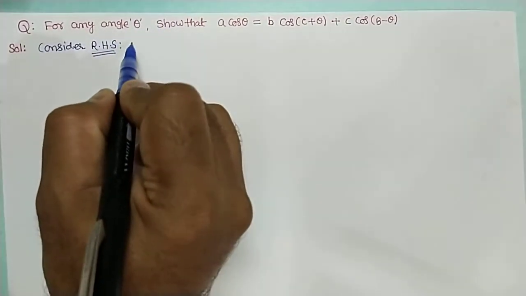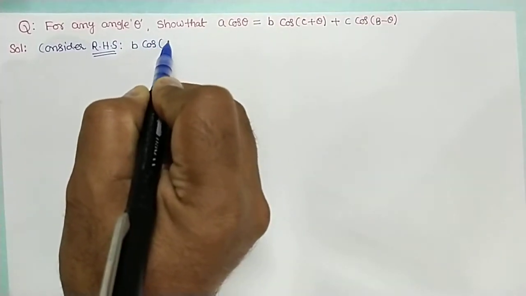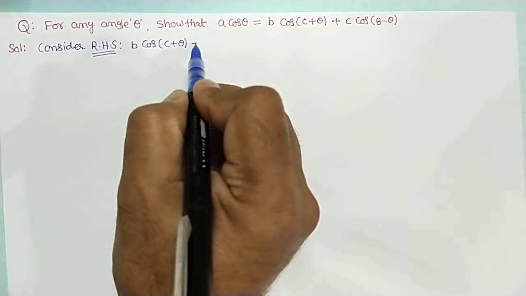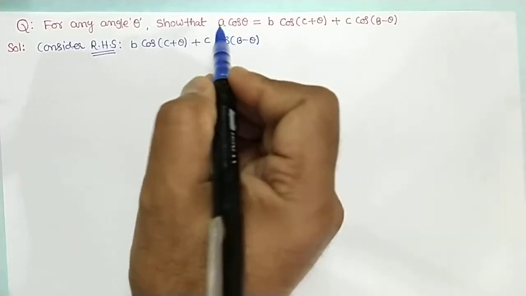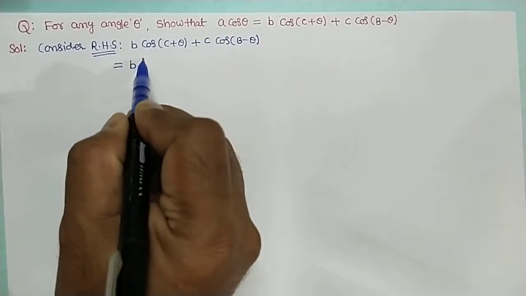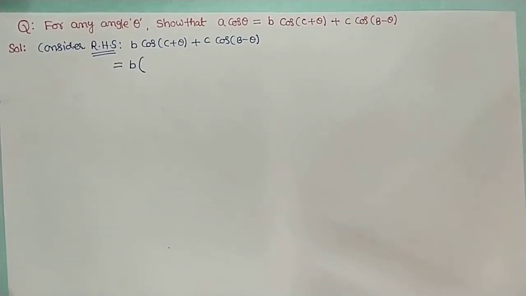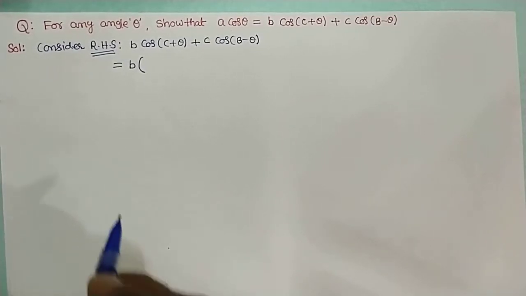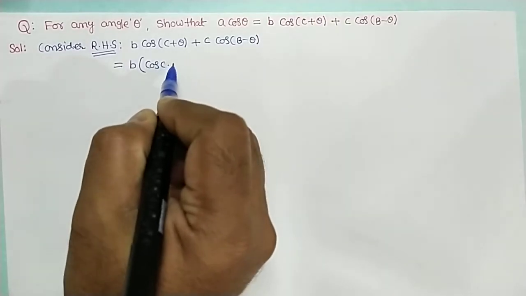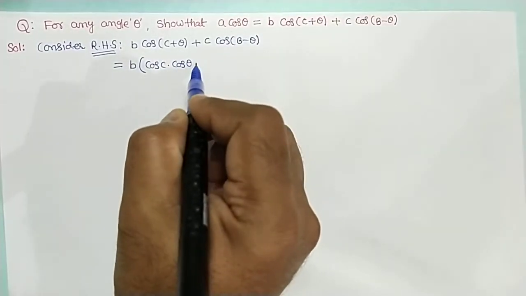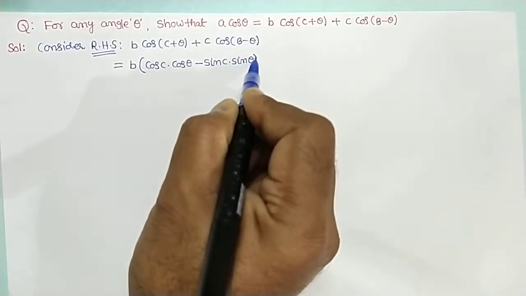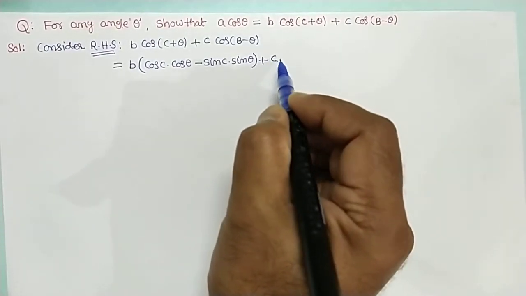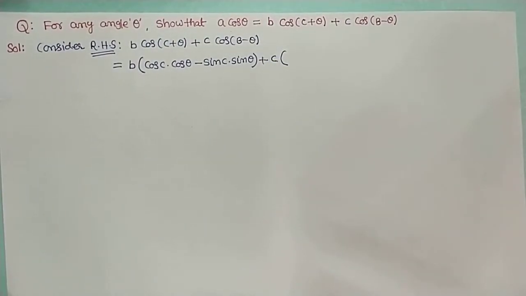What is RHS here? b into cos of (C plus theta) plus c into cos of (B minus theta), which is equal to b into, keep bracket, cos of (A plus B) formula: cos A cos B minus sin A sin B. So cos of (C plus theta) is cos C into cos theta minus sin C into sin theta, plus c into, keep bracket, cos of (B minus theta).